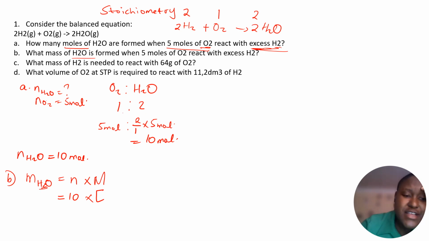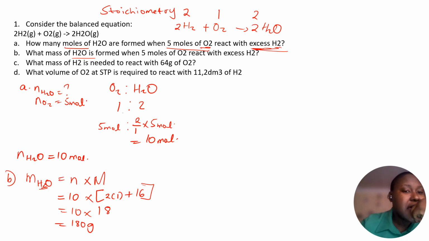You have 2 hydrogens, that is 2 times the molar mass of hydrogen which is 1, plus you have 1 oxygen, and that is 16. So it's 10 multiplied by 18, and that is 180 grams. And so you have the mass of water, which is 180 grams.